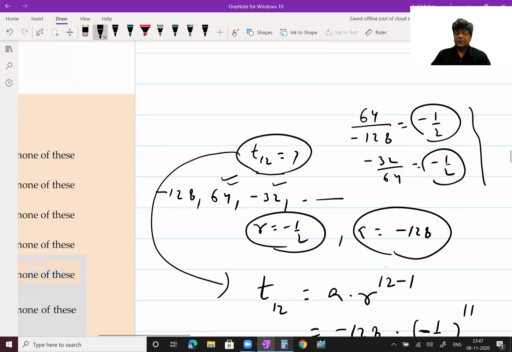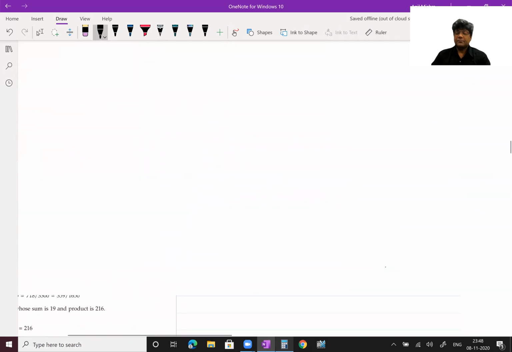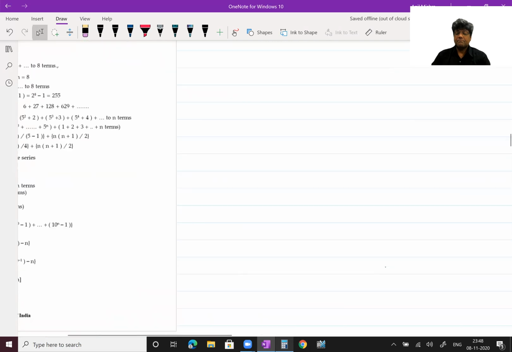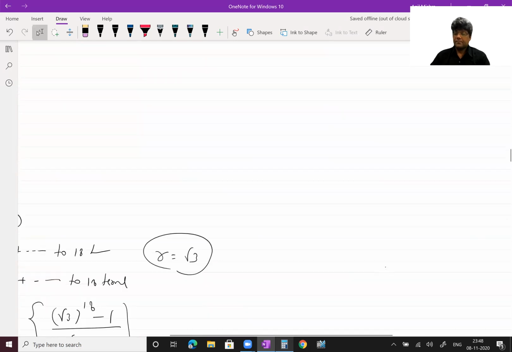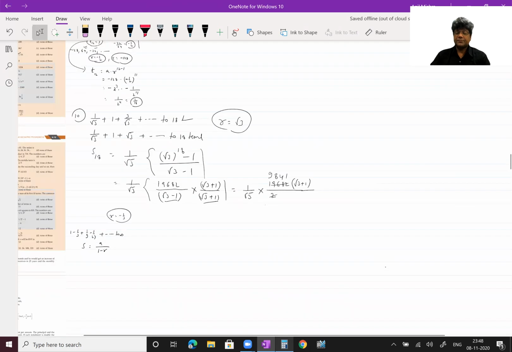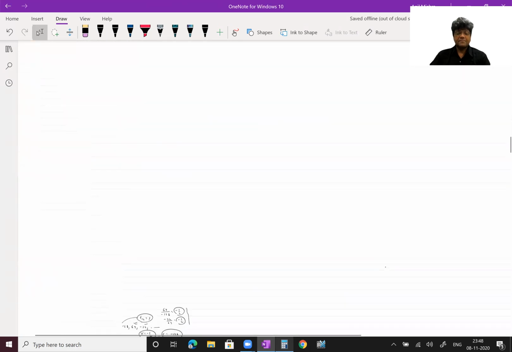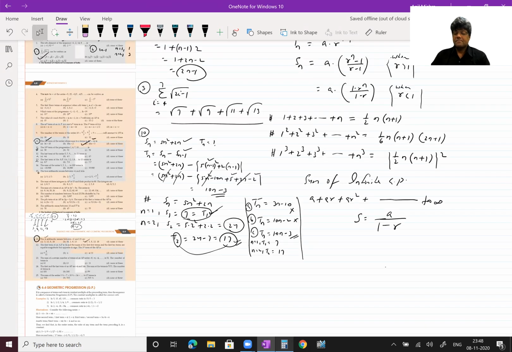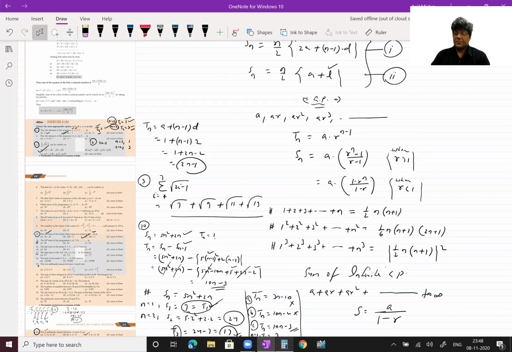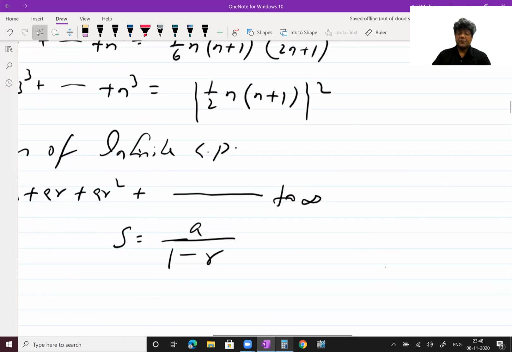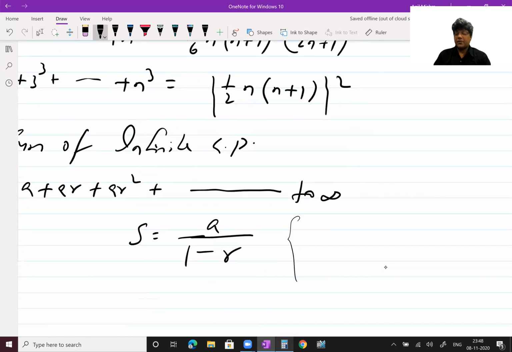Wait guys, here. Where I wrote those formulas. Yes. Guys, sum of infinite GP, this formula you remember, here your R must be lying between minus 1 to plus 1.